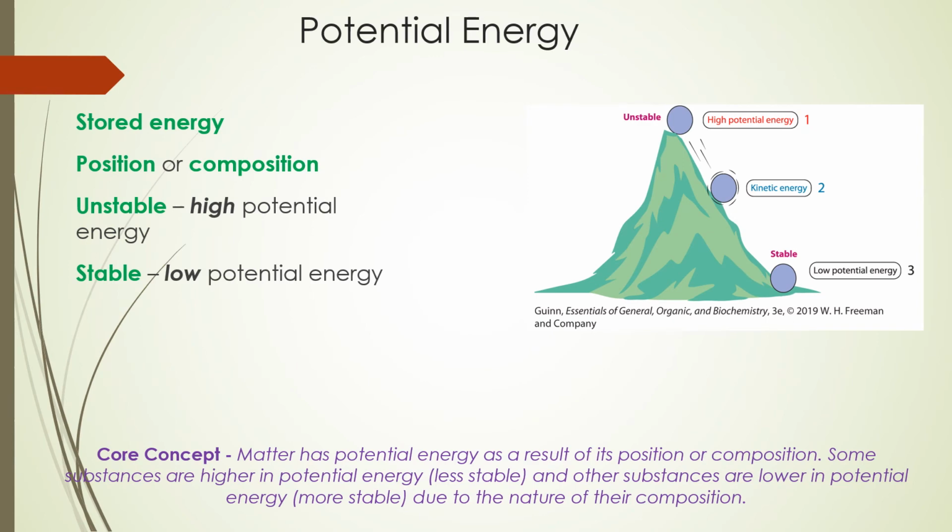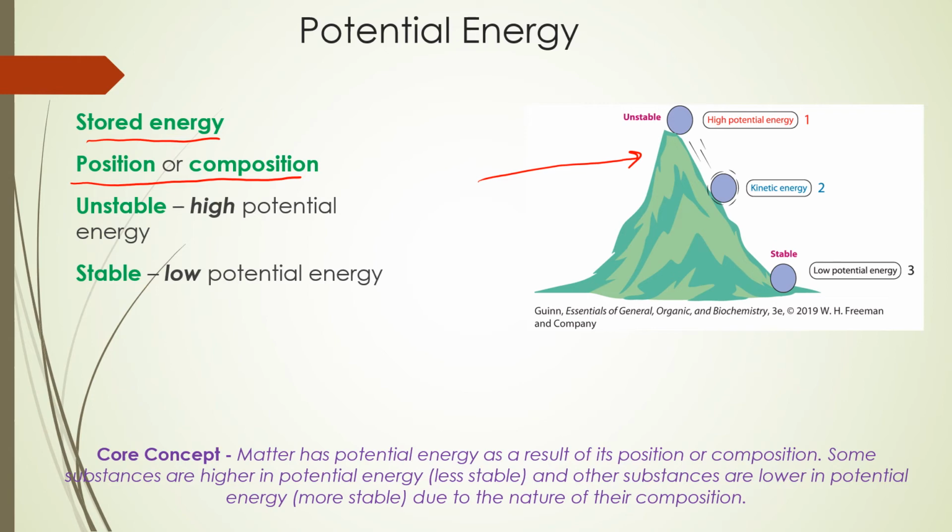As we defined earlier, potential energy is the stored energy. Matter has potential energy as a result of position or composition. For example, a rock placed at the top of a mountain or a hill, as shown in this picture, possesses high potential energy because of its position.